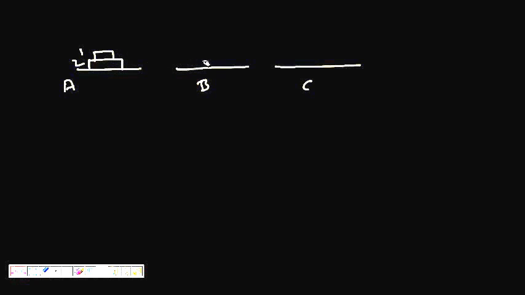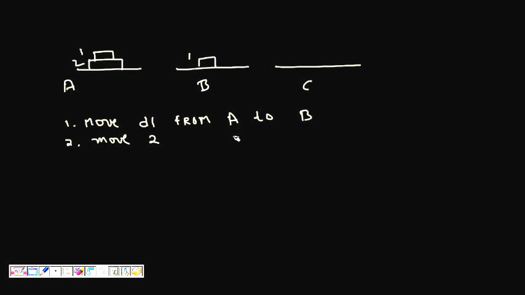So for this, I can place like this: 1 comes here in step 1, so move disk 1 from A to B. Then move 2 from A to C, then move 1 from B to C. So first, this was there, I moved 1 from here to B, so this was cleared.